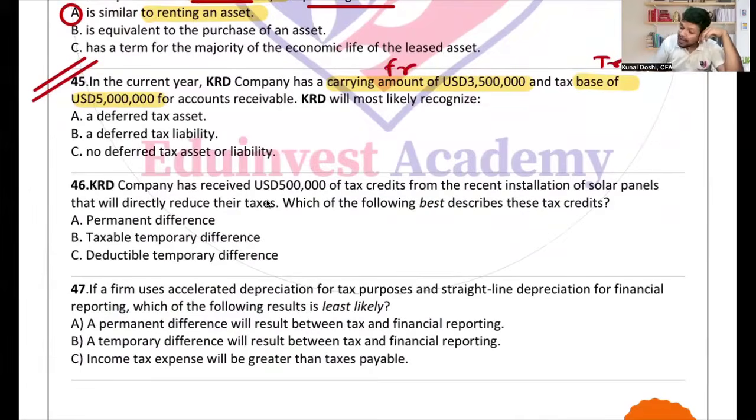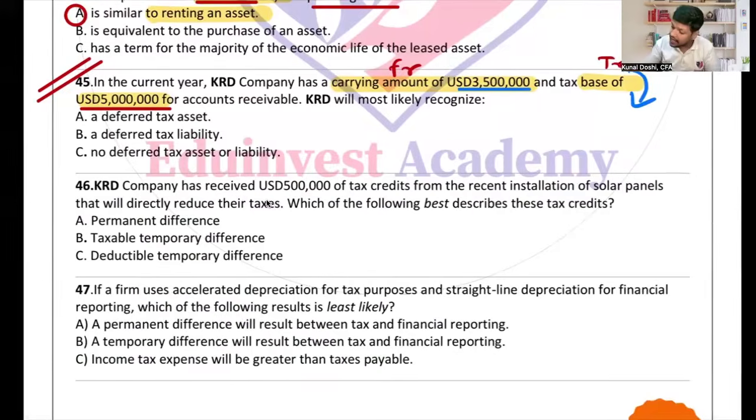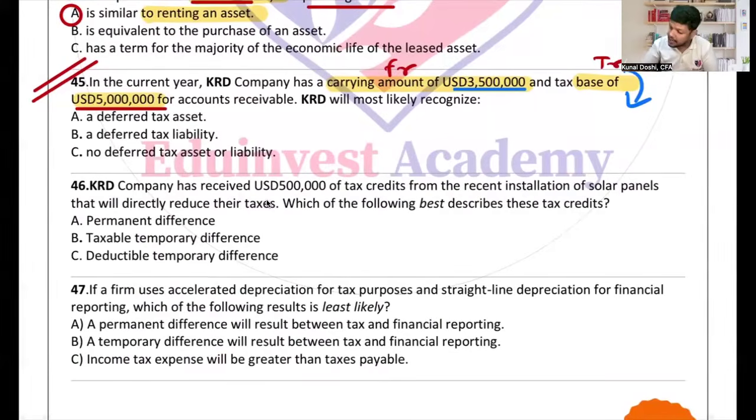In tax reporting, why is the tax base higher? Is it because I'm charging more depreciation or less depreciation relatively? See, the carrying amount is lower because you're charging more depreciation, right? Tax base value is higher. How come your balance sheet value of tax base is higher? Because you're charging less depreciation now, isn't it? Guys, less depreciation means more profits.